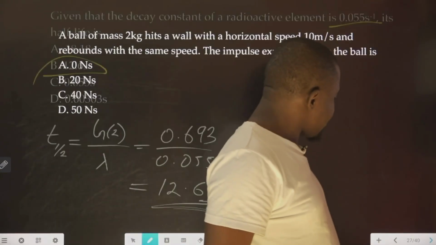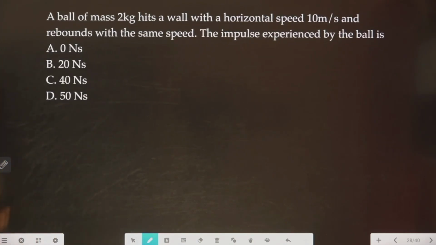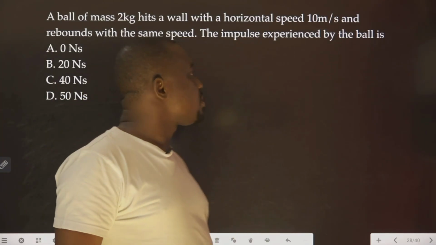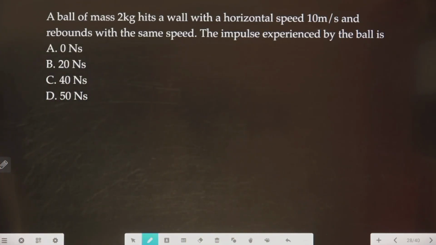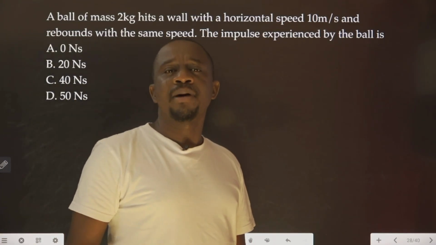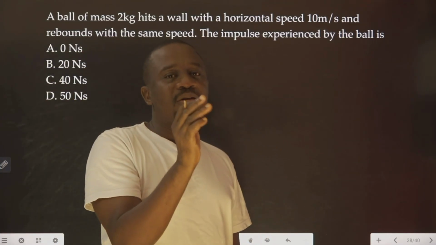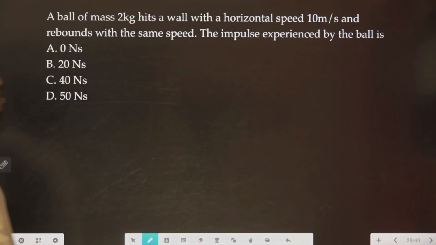Okay? Let's continue. A ball of mass 2 kg hits a wall with a horizontal speed of 10 meters per second and rebounds with the same speed. The impulse experienced by the wall is what? You hit the wall. What impulse was experienced by the wall?